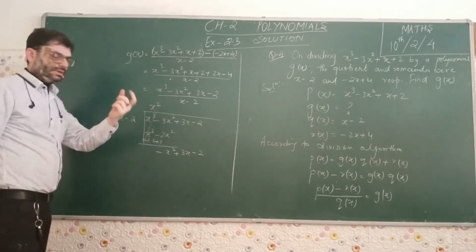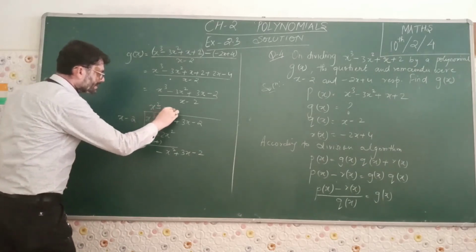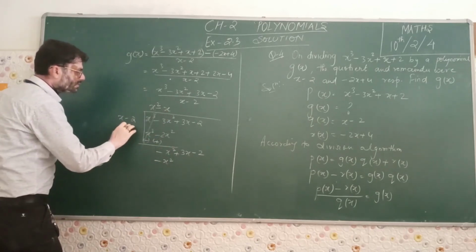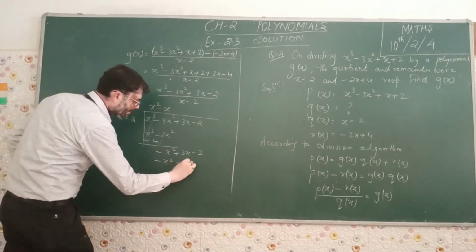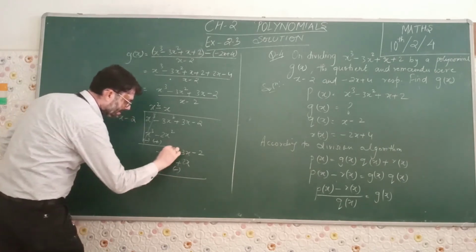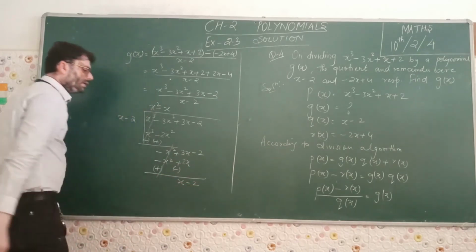Sorry, the second term of the quotient. So minus x square by x is minus x. So this is minus x square, and minus x into minus 2 is plus 2x. Changing the sign as we are subtracting it, this is cancelled. 3x minus 2x is x minus 2.